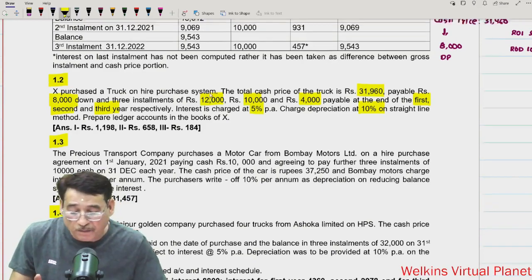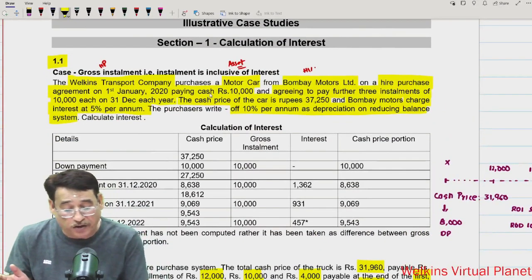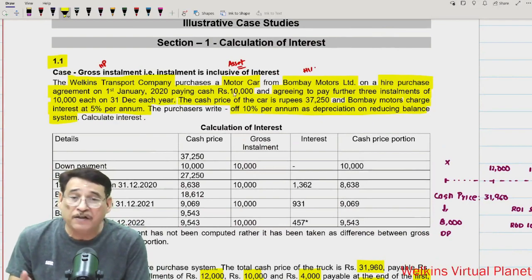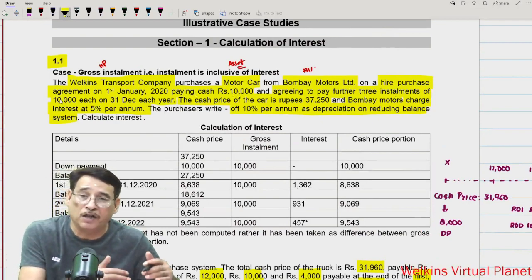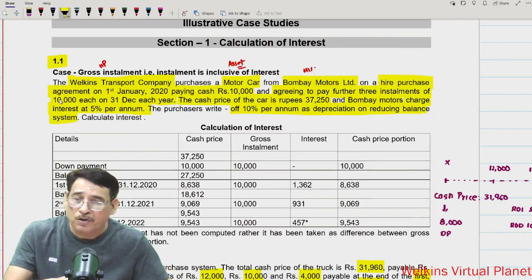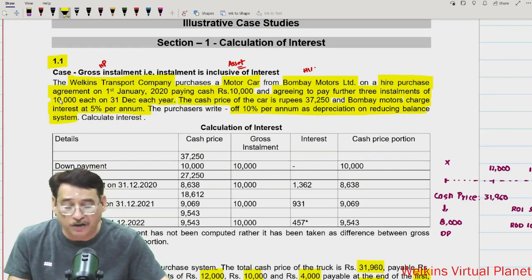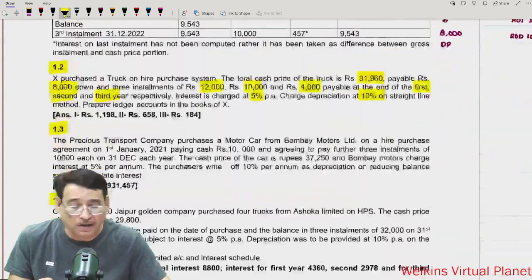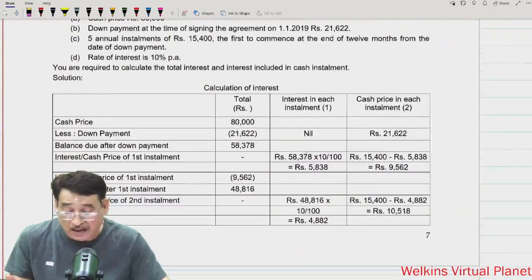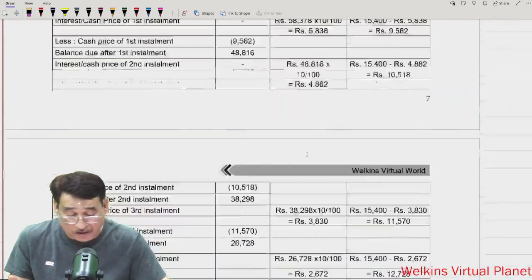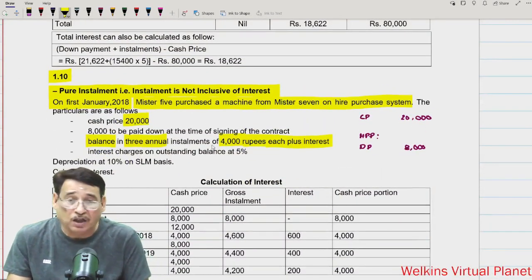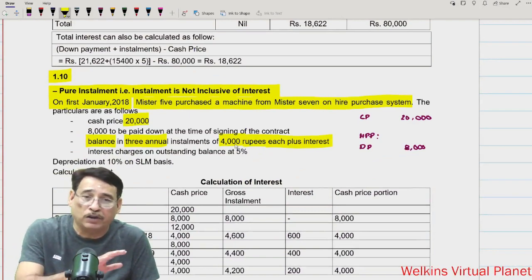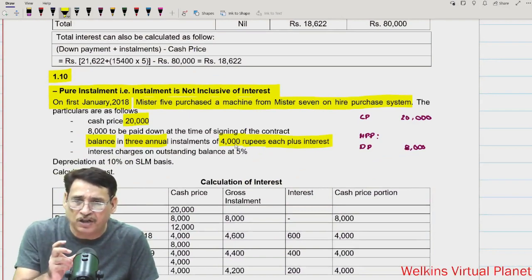For example, in question number 1 which we did, here it was written that 10,000 was the down payment and 3 installment of 10,000 each. So that is why these questions are related to gross installment case. Now, in this case, it is written that the balance in 3 annual installment of 4,000 each, not just this much is given.